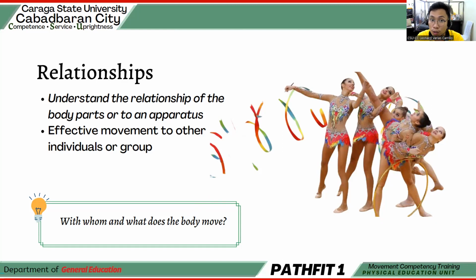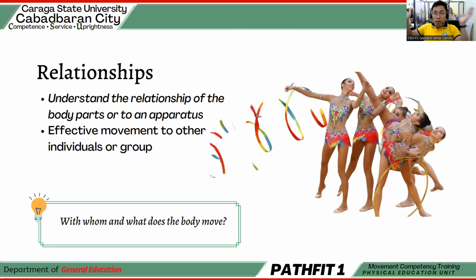Also, it is the effective movement to other individuals or group. There are a lot of dances that use relationship as part of the choreography, especially contact improvisation. So this contact improvisation, by far, is the most intimate dance for me, since dance mo gumi before ani, and digit jud kay among lawas na sobraan among relationship, pero we still understood the assignment because what it says there is to have relationship.